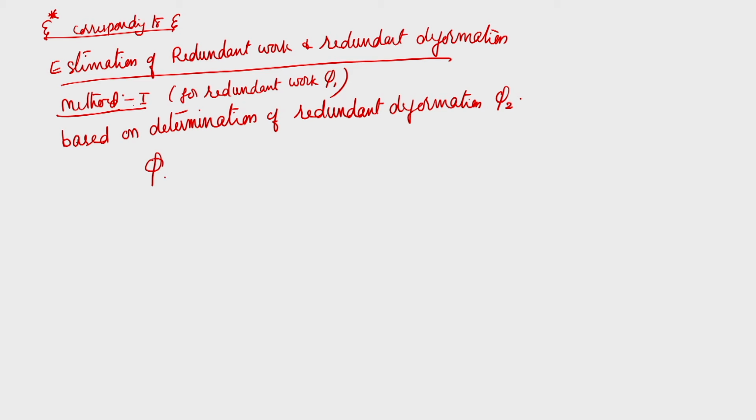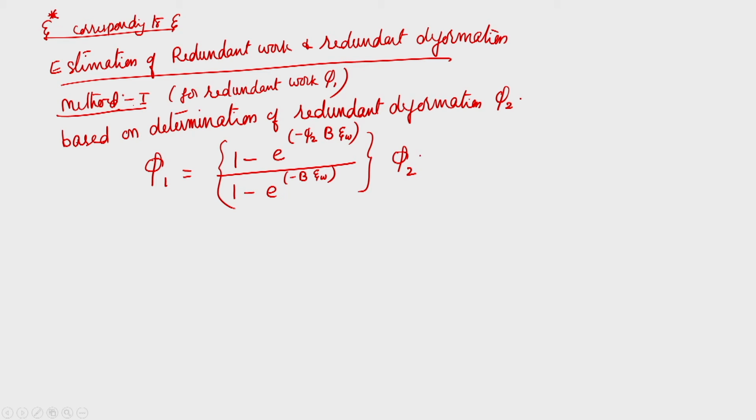So, phi 1 is equal to (1 minus exponential of minus phi 2 b epsilon w) divided by (1 minus exponential of minus b epsilon w), into phi 2 to the power n.